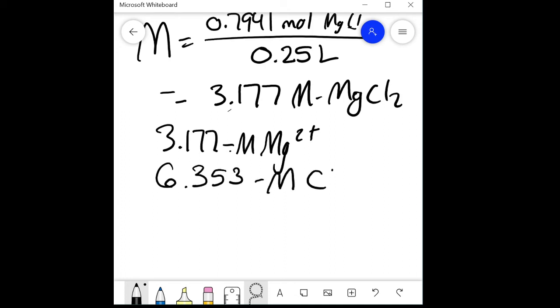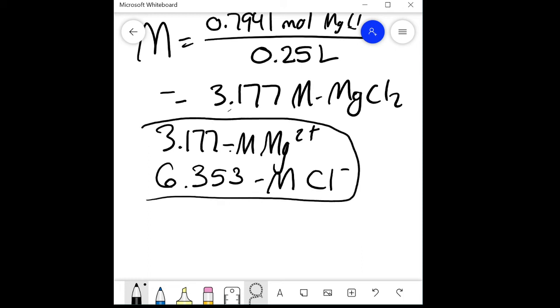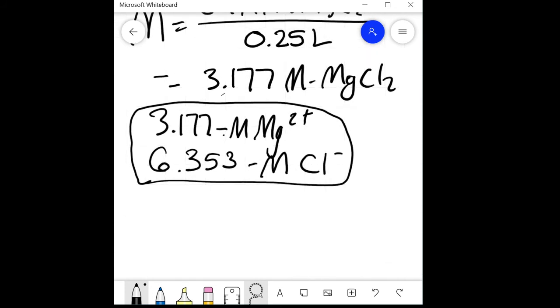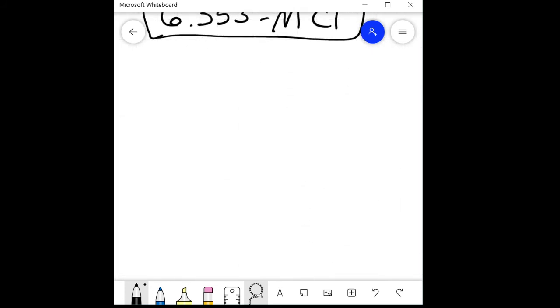That would be the molarity of your chloride ions, because there's 2. So when it wants the ions, you need to multiply by the number of ions you would have in the balanced equation. So that's concentration.